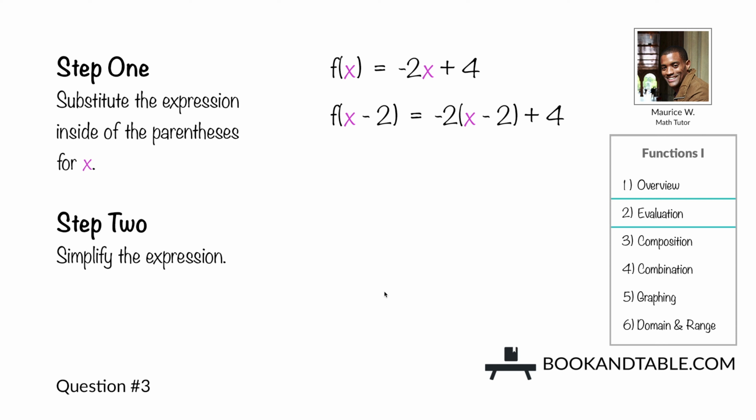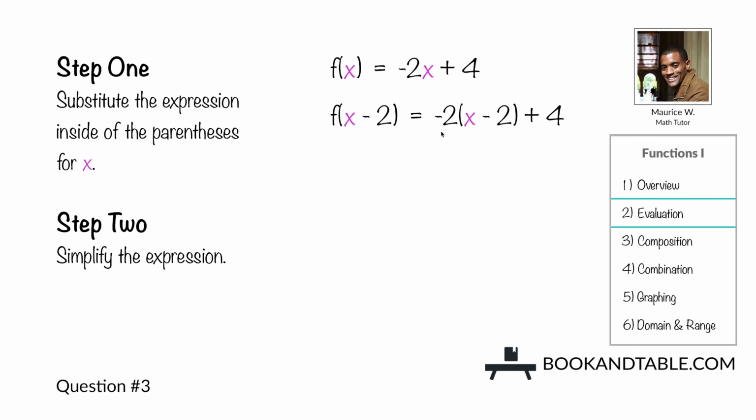Step 1, substitute the expression inside of the parentheses for x. So instead of a numerical value, we have the expression x minus 2. So we want to substitute x minus 2 where we see x, which is here. And now we want to simplify the expression.